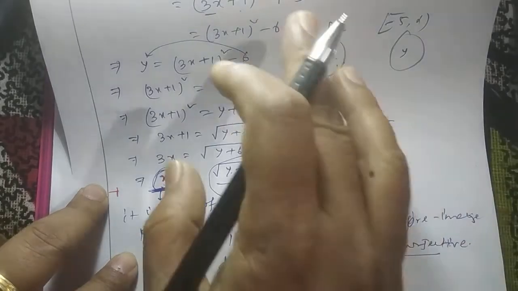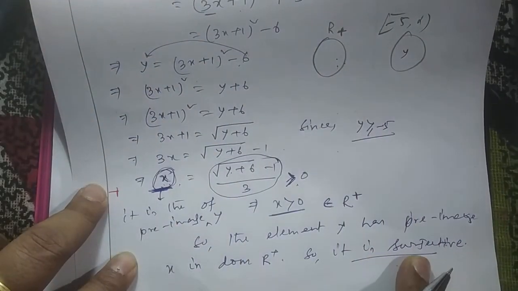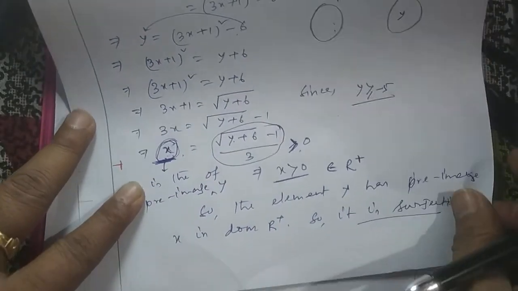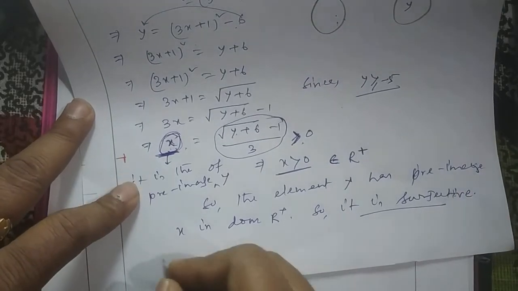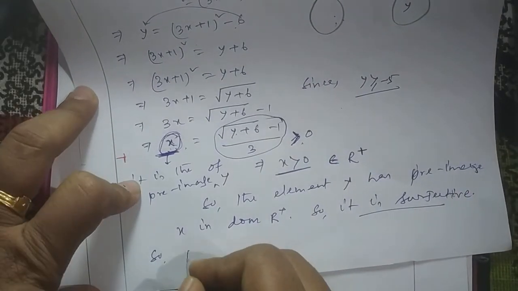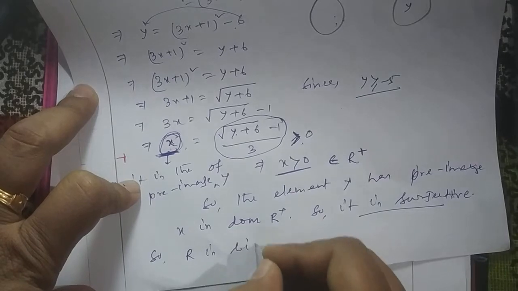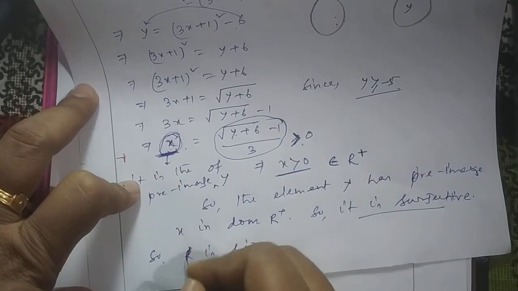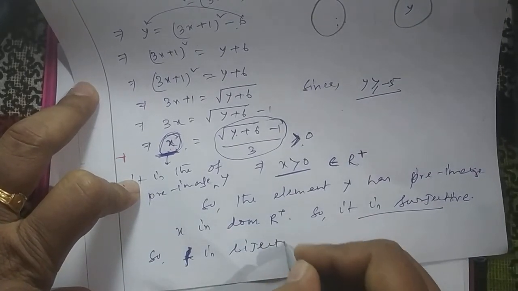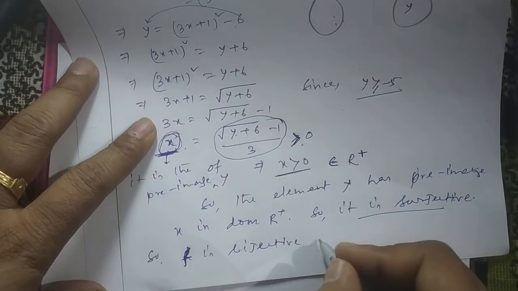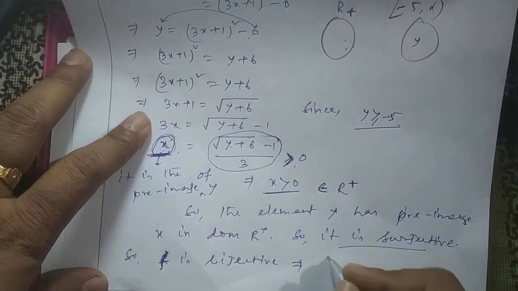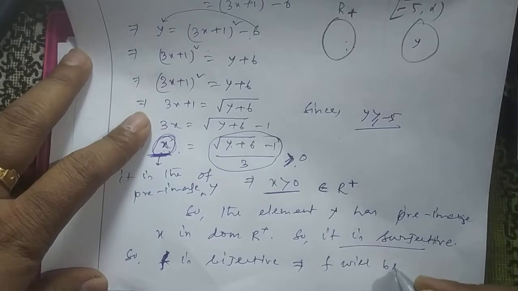Previously the function was injective, now it is surjective. So ultimately we can say f is bijective. Since f is bijective, f will be invertible.